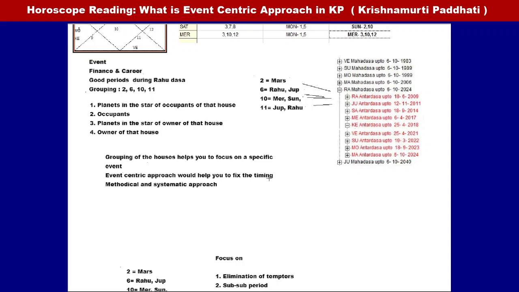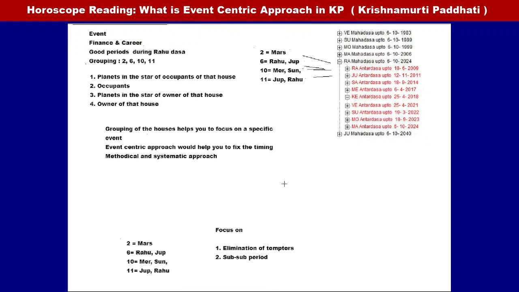And then you will not have that confusion about what a combination like 4, 9, 8, 12 means. Once you follow this approach, the next big thing that happens is that you realize that not always is 2, 6, 10, 11 going to give an increase in finance or career.